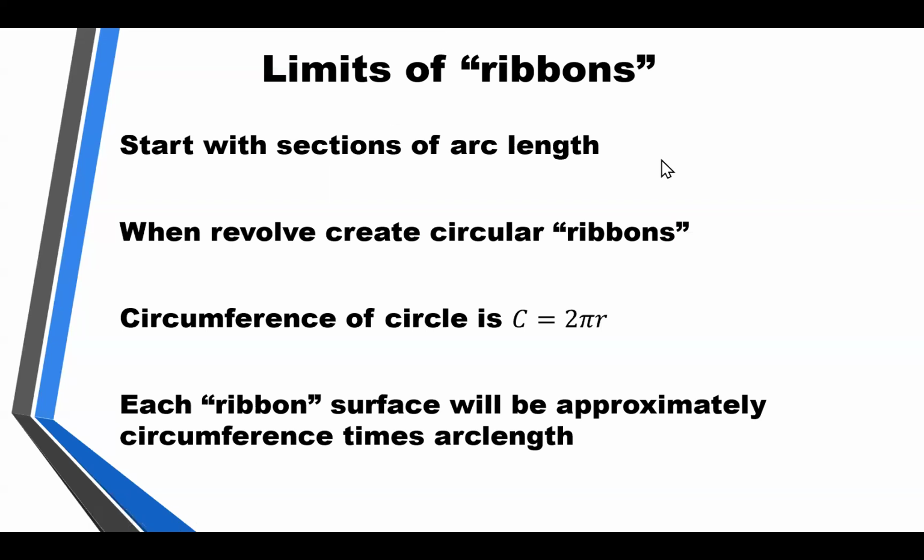This slide says what I was just showing. We're going to cut those little bitty sections of our arc length, and then we're going to revolve around some circle, and that'll create some ribbons. The circumference of any circle is 2 times pi times the radius, and each ribbon surface will be approximately that circumference times arc length.